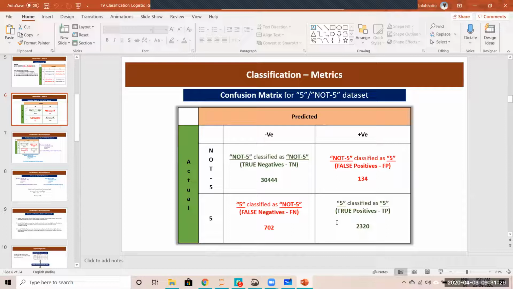We chose maybe 0.5 as the threshold. At that threshold, it predicted 2320 records correctly out of 3022 records. Why am I saying 3022? They are the positive records in the data set.